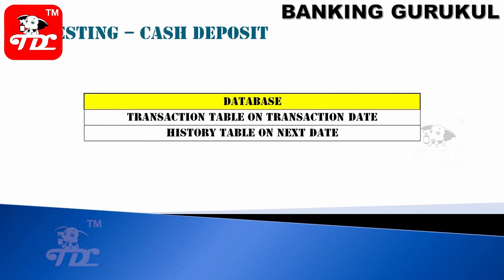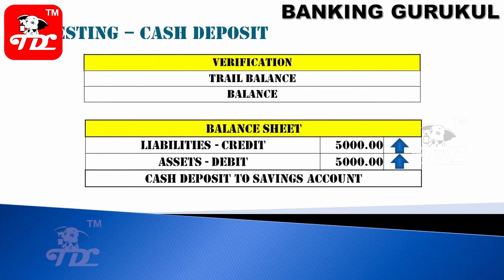The transactions you have performed today will be on today's transaction date, and next day all these transactions will be moved to the HIST table. And verification in trial balance and balance sheet: when you do a cash deposit to a savings bank account, liabilities will increase and assets also increase, because you are debiting assets and crediting liabilities. You can verify this in your balance sheet.